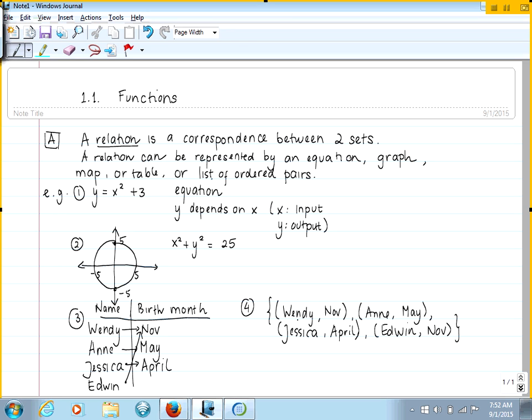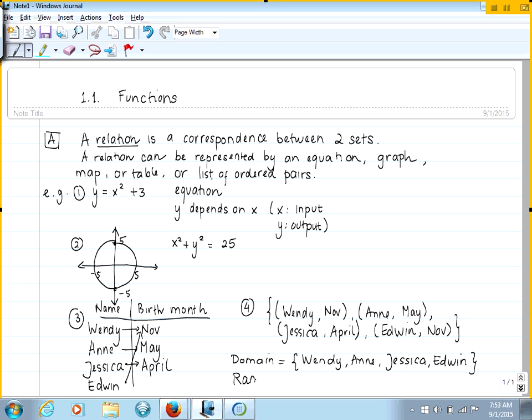If I look at my ordered pairs here, which one is my input? Domain is the set of all inputs. What is my domain here? Wendy, Anne, Jessica, and Edwin. That's the domain.